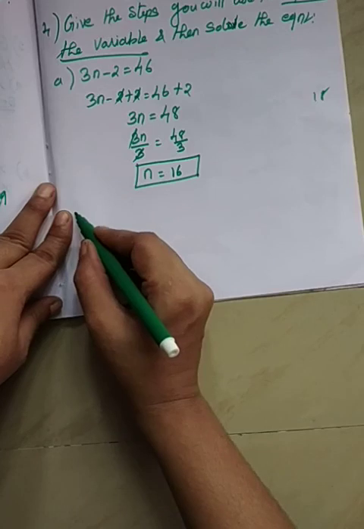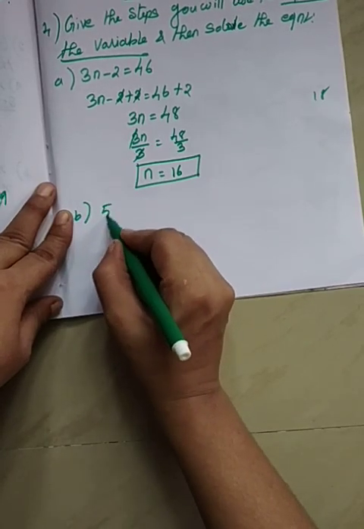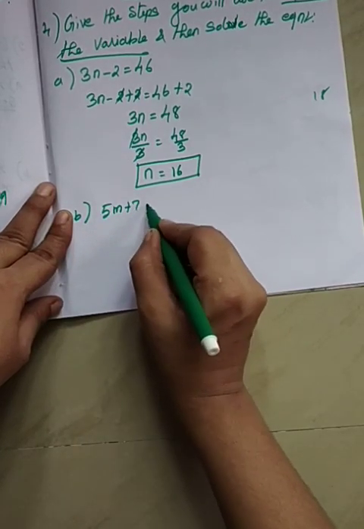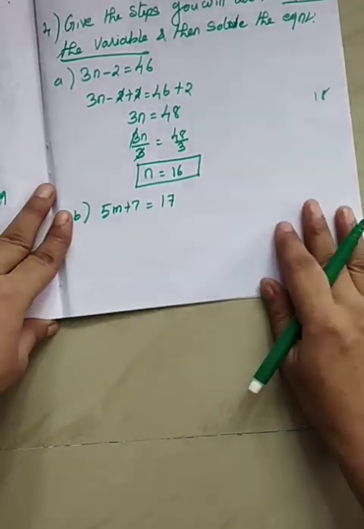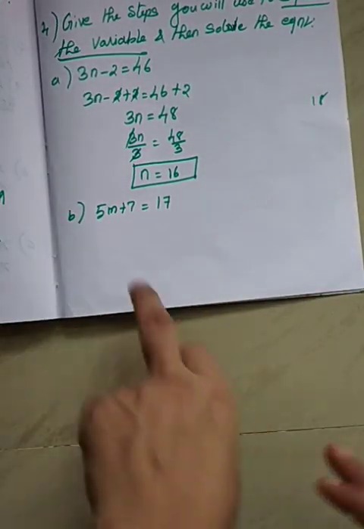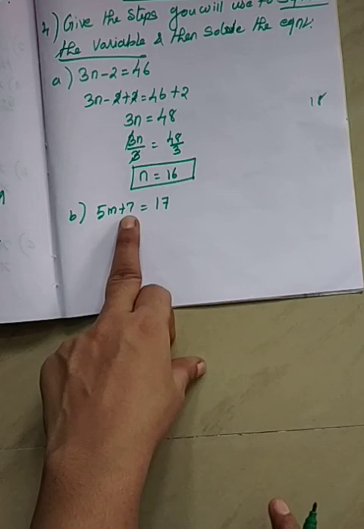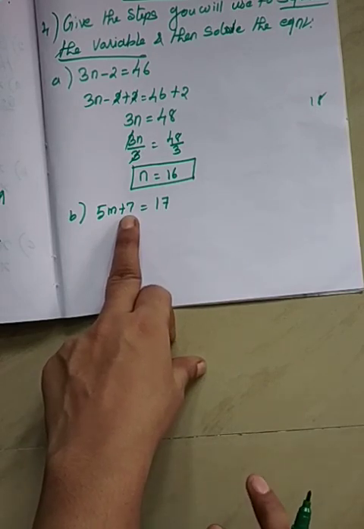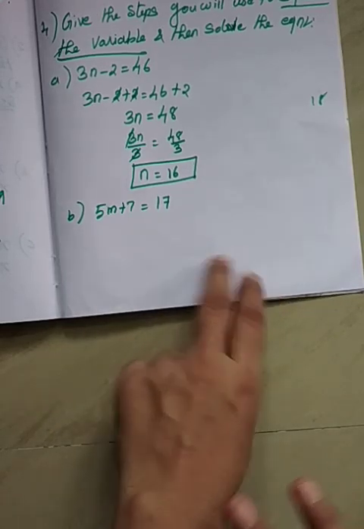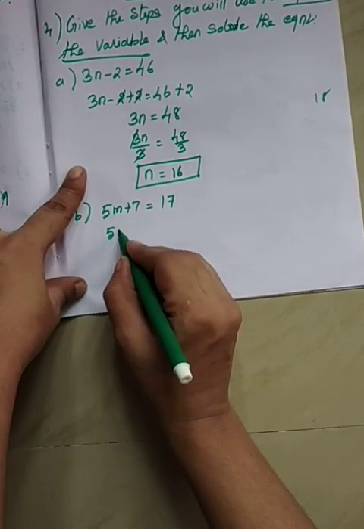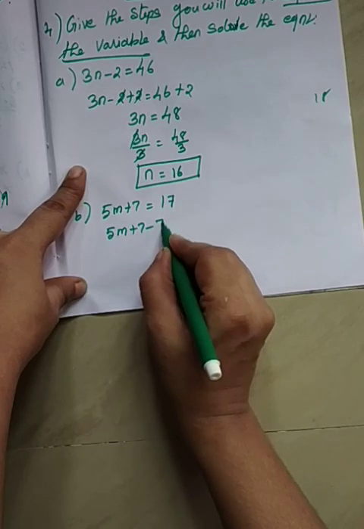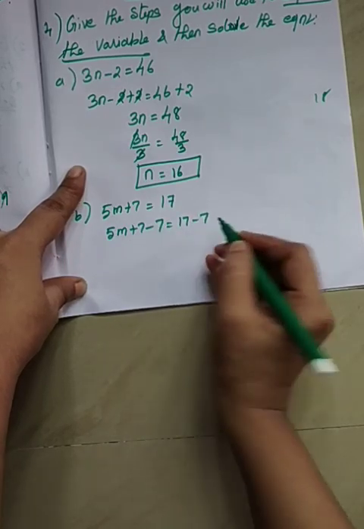Now see the next problem. 5m plus 7 equal to 17. What do you do? First of all you have to remove this 7. So we have to subtract 7 from both sides of the equation. So you will get 5m plus 7 minus 7 equal to 17 minus 7.